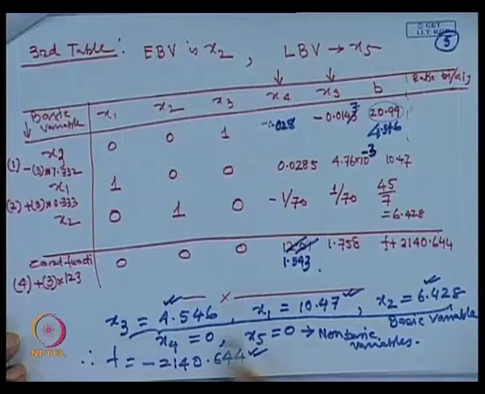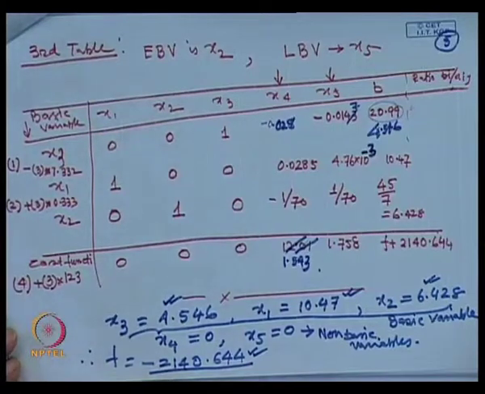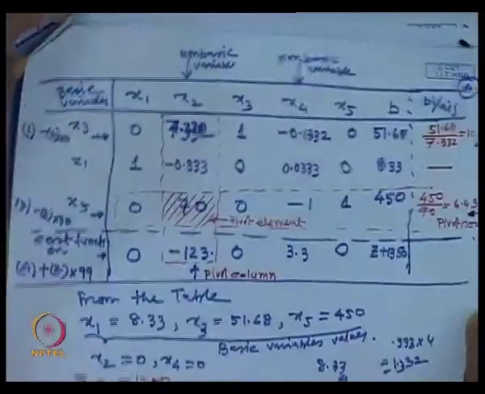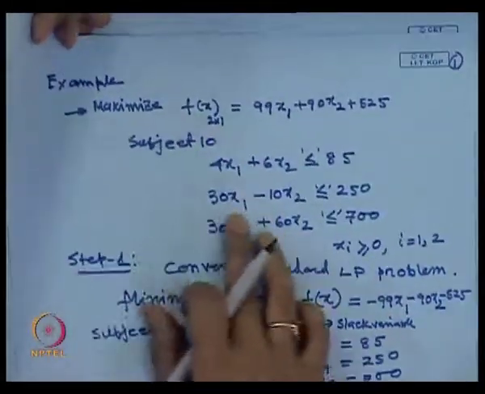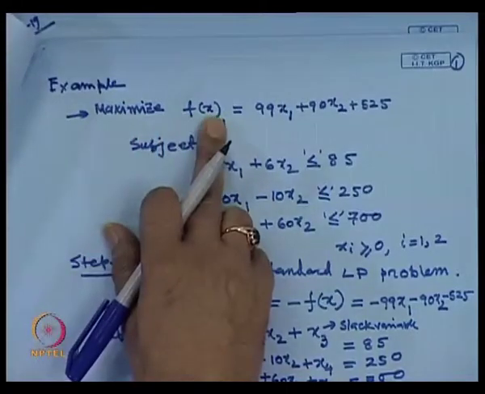So, our objective function value, the minimum value of the function, is that one. What we are supposed to find out is the maximum, since our problem was to maximize f of x.